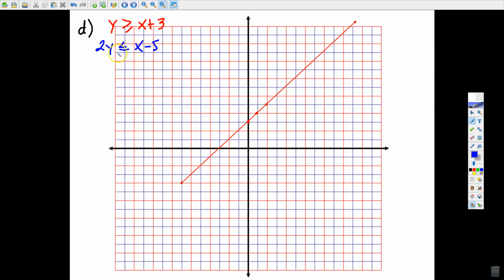So I'm just going to divide by 2 or multiply by 1/2. Same result. And so now I'm ready to sketch the boundary line, which is negative 2.5 as the y-intercept. And the slope is positive 1/2, so up 1, right 2. And it's also going to be solid.